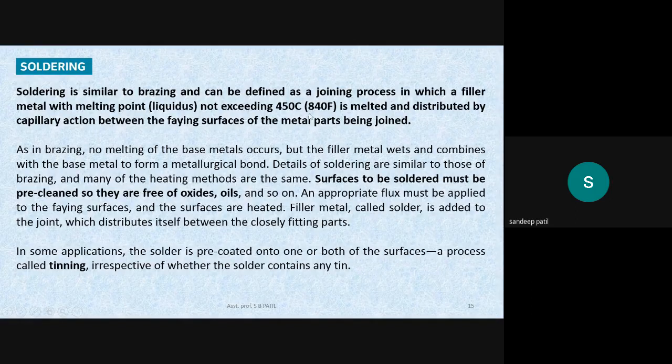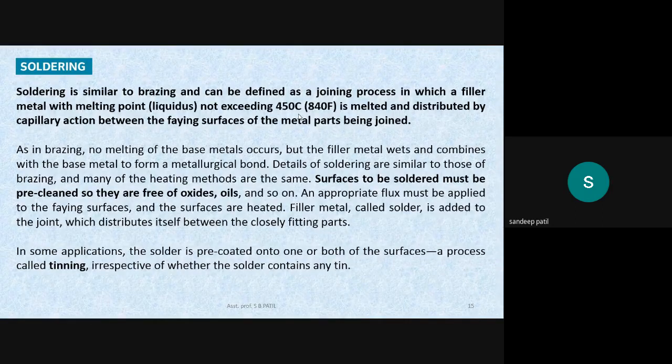The basic difference between soldering and brazing or braze welding is that the filler metal heating requirement is above 450 degrees Celsius. Definitely we need to melt that filler metal. And in soldering, the temperature is below or not exceeding 450 degrees Celsius, until we reach the melting point of that particular filler metal.